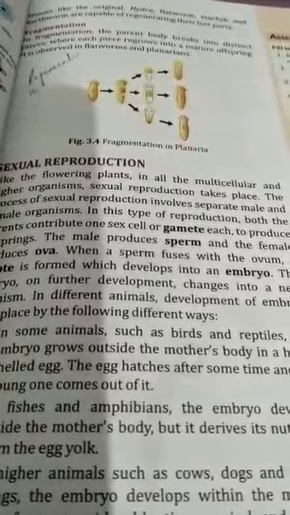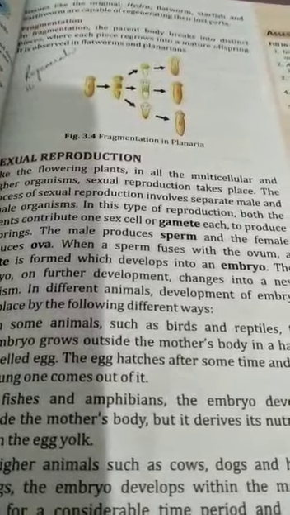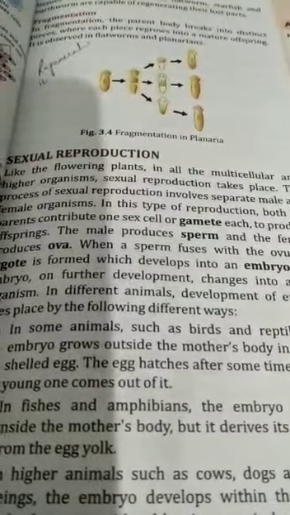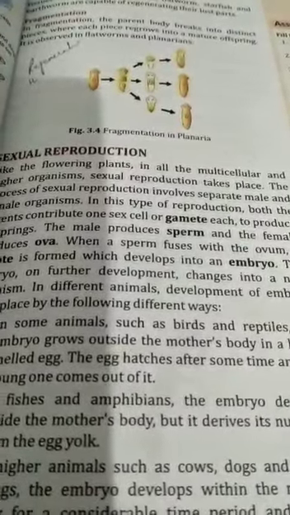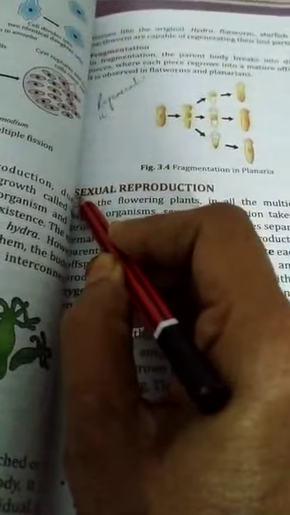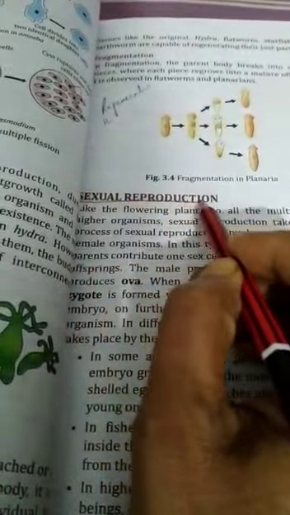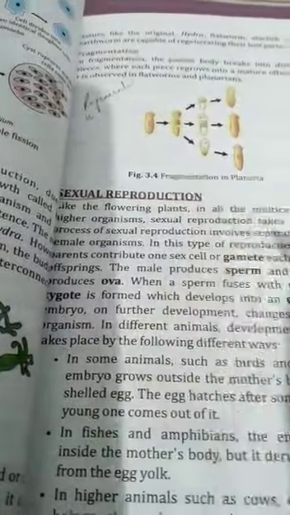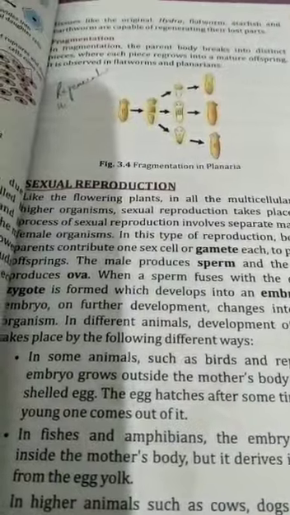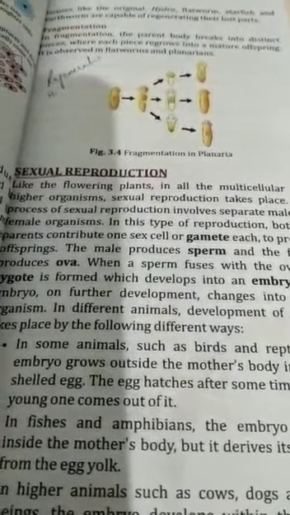So, as we have finished asexual reproduction and its types, today I am going to begin another type of reproduction, that is sexual reproduction. You have already seen that in asexual reproduction only one parent is required.